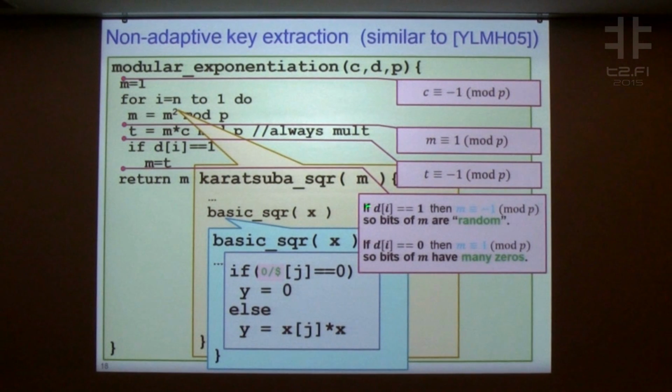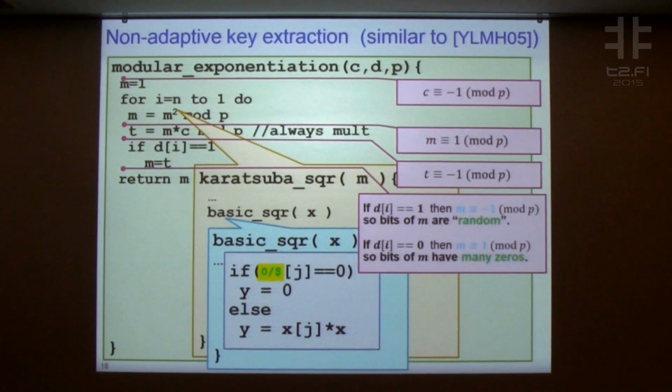So at this point of time, if the current bit of d is 0, then m is 1. So the input of the squaring routine is 1, which travels through our squaring operation and reaches this if. And since 1 has a lot of 0 limbs, this if is mostly taken. And on the contrary, if the current bit of d is 1, then m has a random bit structure, and then this if is not going to be taken, since random numbers do not tend to have a lot of 0 words.